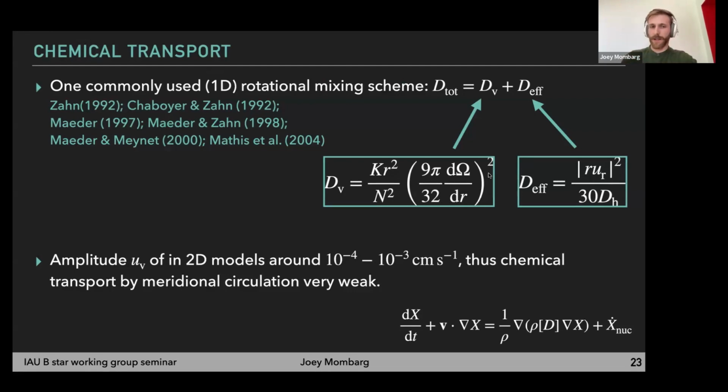In the 2D models, we don't approximate this in a diffusive way, but do it self-consistently. If we look at the amplitude of the velocity field in the vertical direction, which is almost the same as in the radial direction, we find quite low amplitudes, 10^-4 to 10^-3 centimeters per second. This tells us that the chemical transport by meridional circulation is in fact quite inefficient.